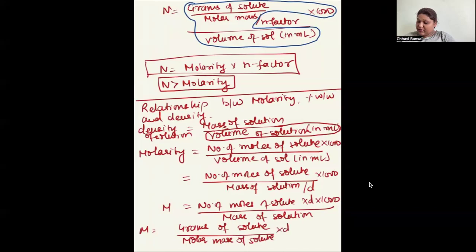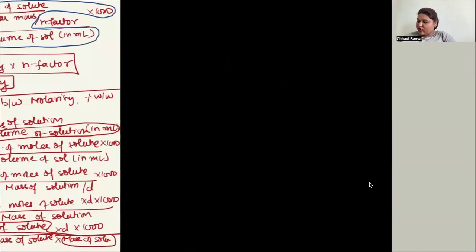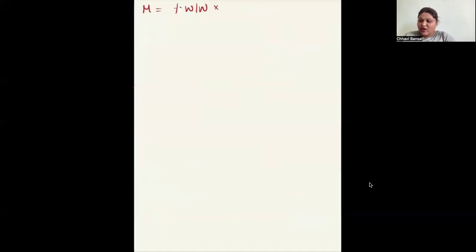Multiply density, multiply 1000, over mass of solution. Now, this grams of solute by mass of solution is what? W by W, correct? So I can write molarity equals percentage W by W, percentage because we always express in percentage, multiply density, multiply 10, divided by molar mass of solute.